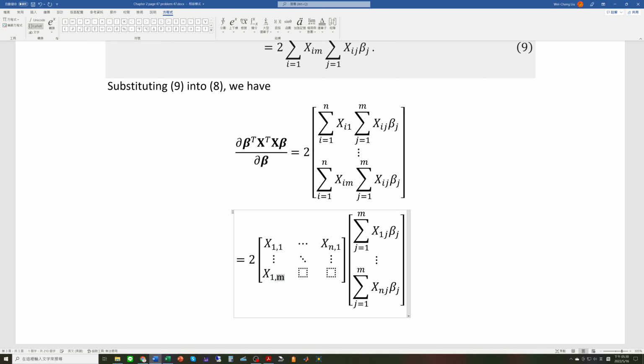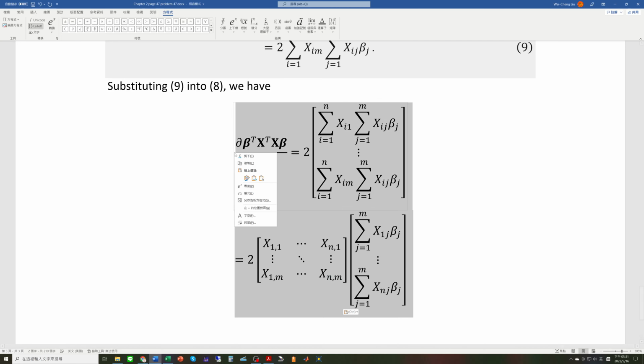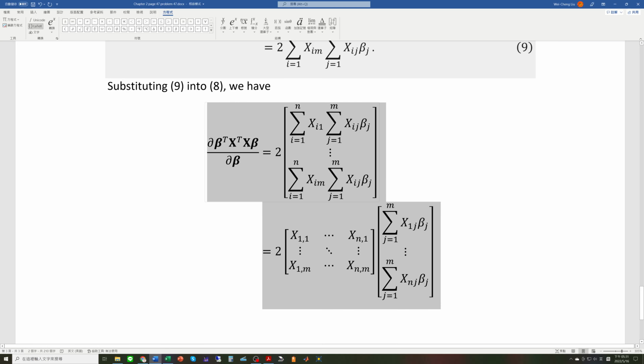Like this, and this is horizontal dots. And this is x_n1, with the second index being changed to m. Like this. Let us align at the equality sign.